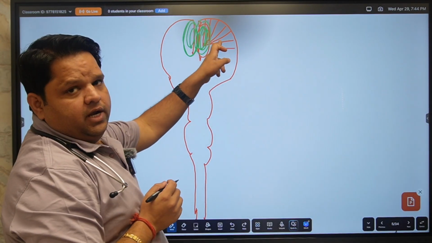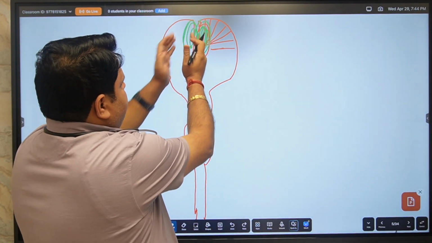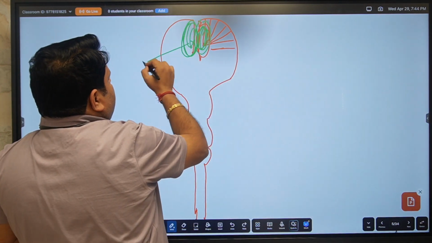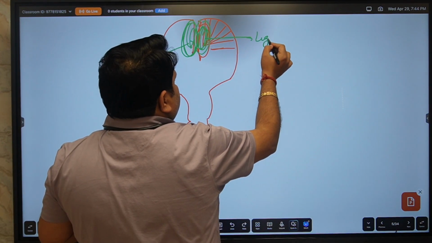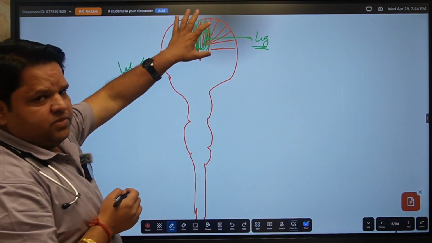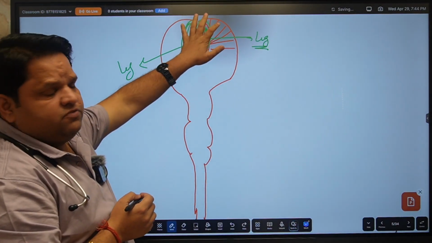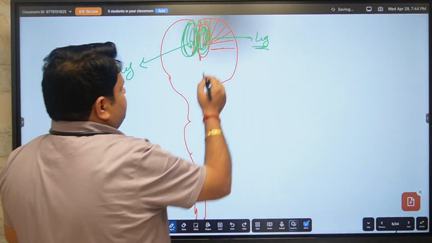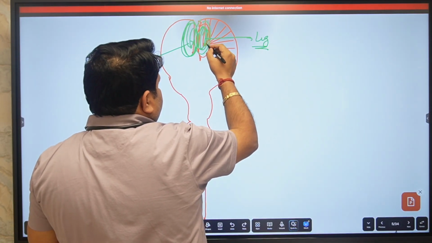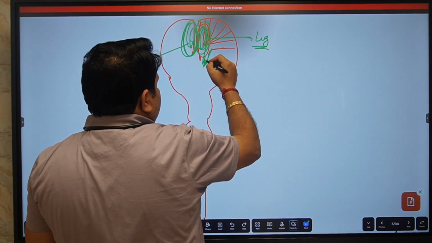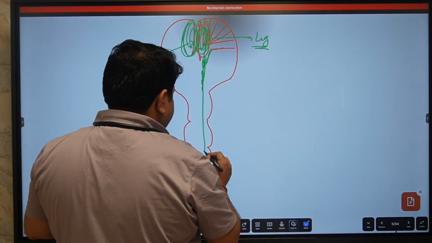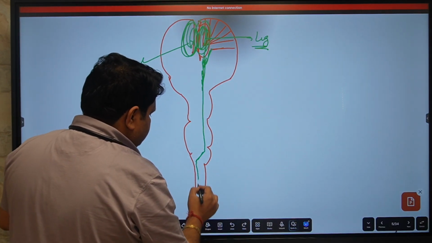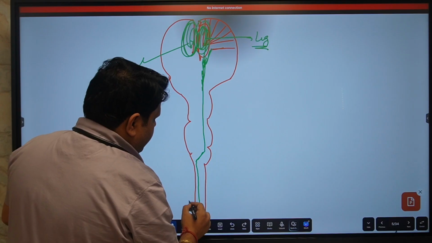So this is the cortical area, which is the around parasagittal area. This is the area for the legs. So involvement of this area in the cortex may causes weakness in the both lower limb. After this, fibers goes down and medulla, at the level of medulla, decussate to the opposite side, and above T1.